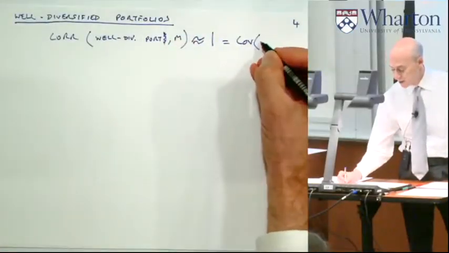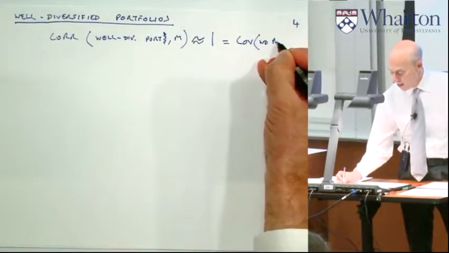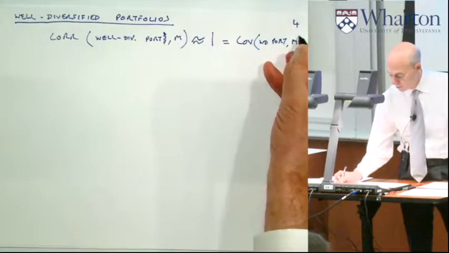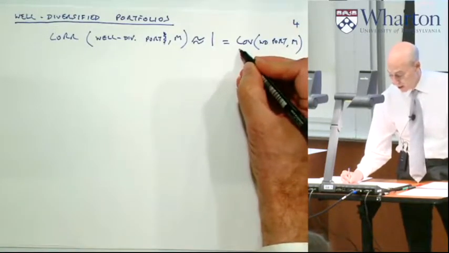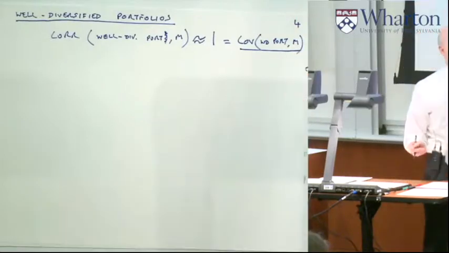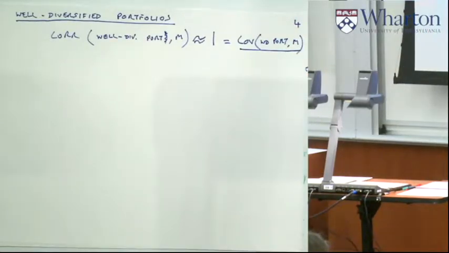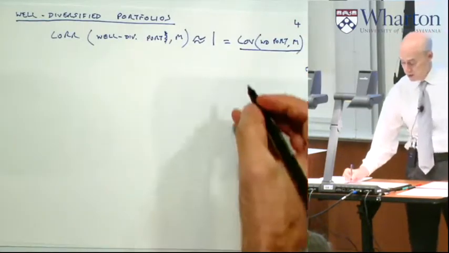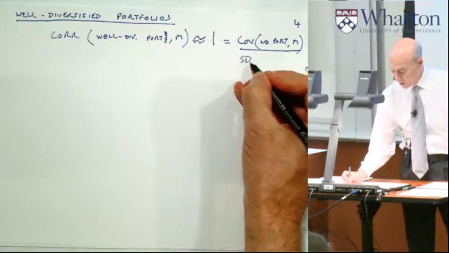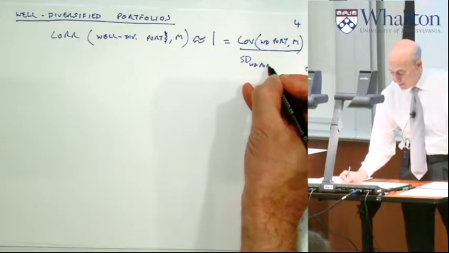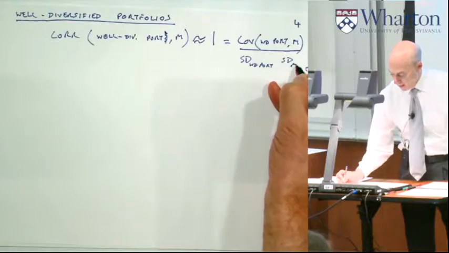It's the covariance of this well-diversified portfolio with the market divided by what? Standard deviation of the portfolio and the market times the standard deviation of the market.